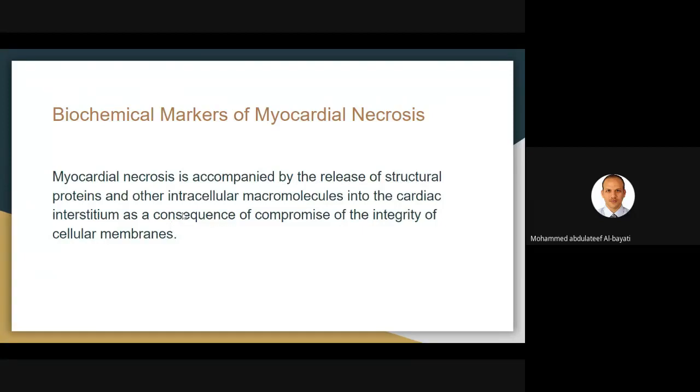So if there is ischemia, there will be injury to the cell membrane and release of these macromolecules, proteins, or enzymes into the serum. We measure these proteins or enzymes in the serum, which reflect the presence and extent of damage to the cardiac cells.